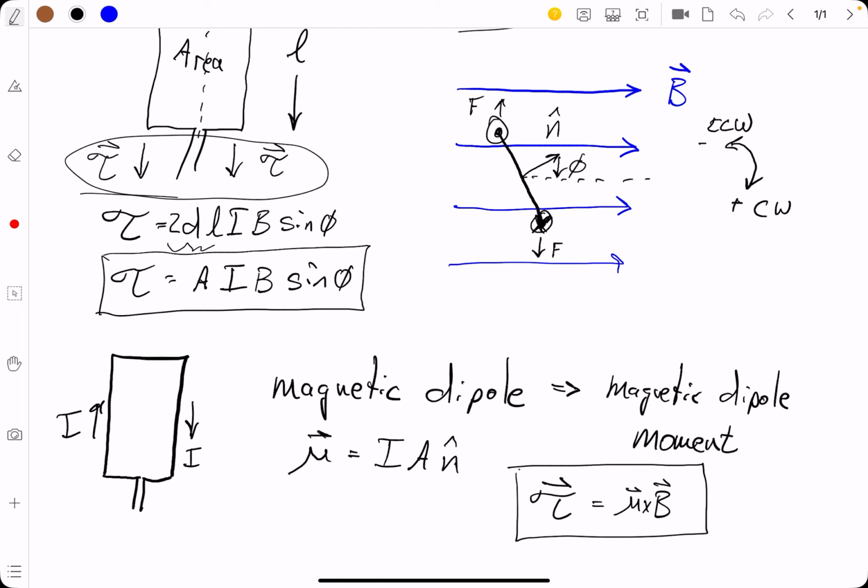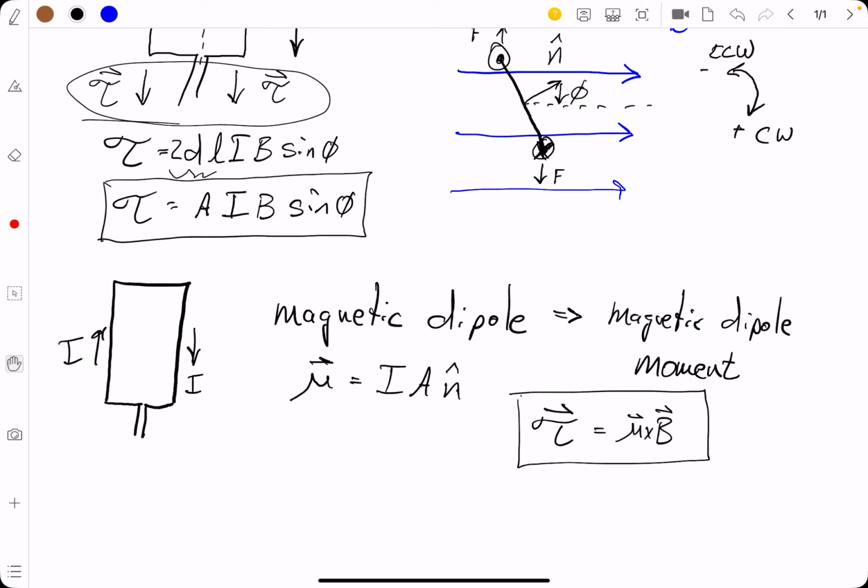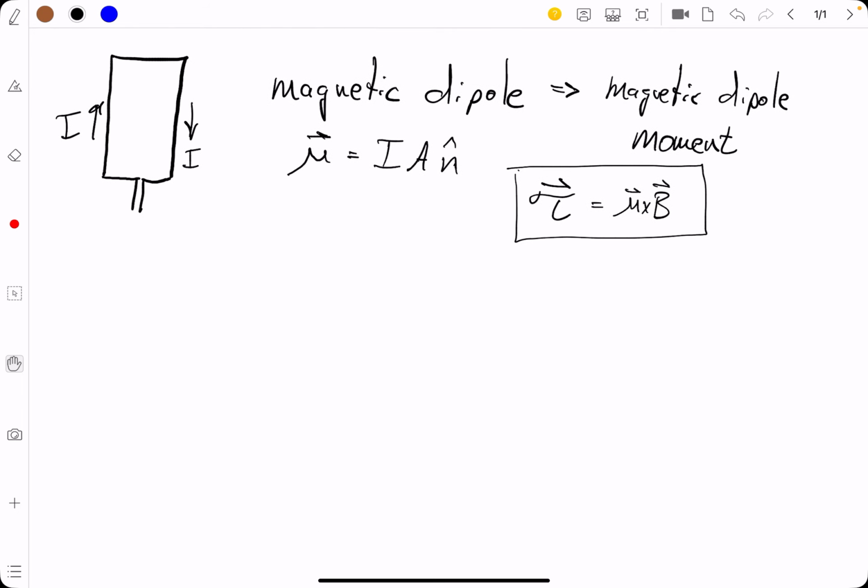Now, that's all fine and good, but we've got one other thing that we can do, and that is create multiple loops. So we have our current come in. Now let's just draw it as a circle, okay? So we draw it as a circle, but the circle continues. And we go around in a circle like this. And then we have this come out.